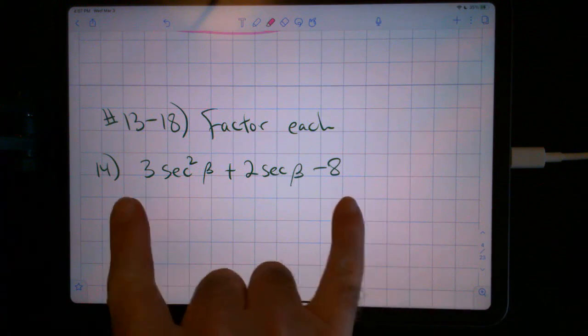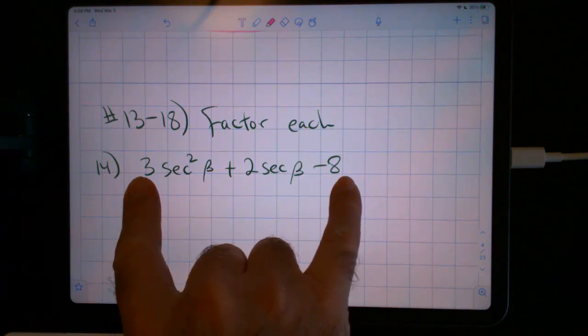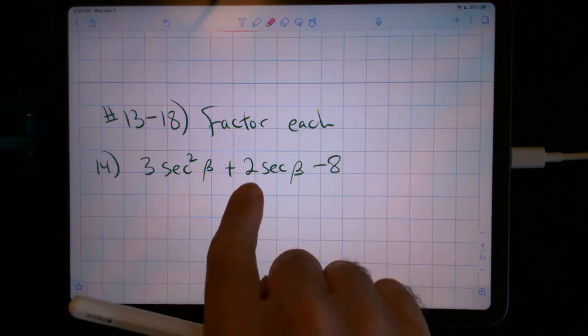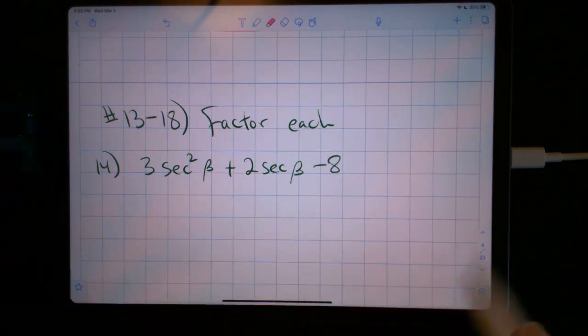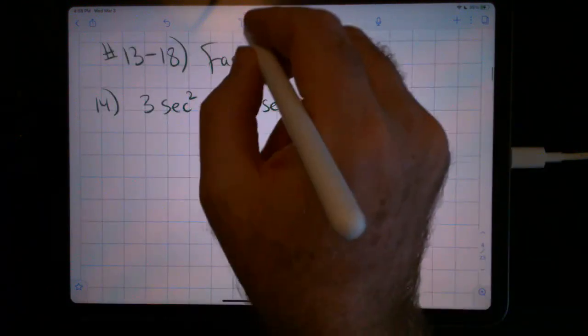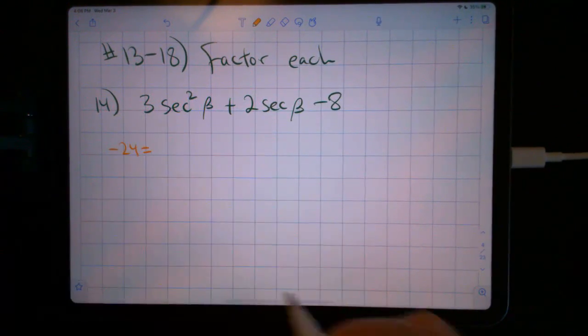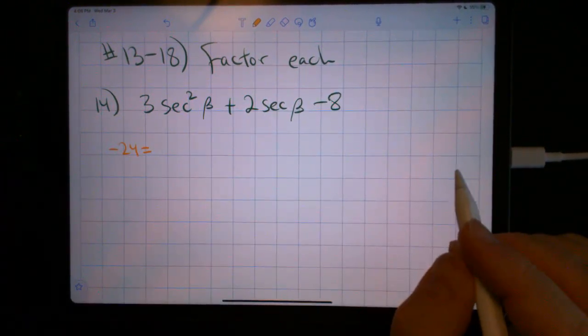But the AC method, you want the product of A times C, -24, and then you're going to find the binary factors that sum up to your B value. In this case, they're adding, but it might be subtracting. So we have -24, and I want to add up to a +2.